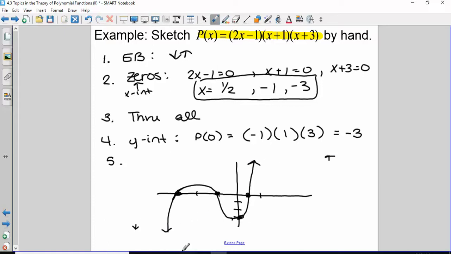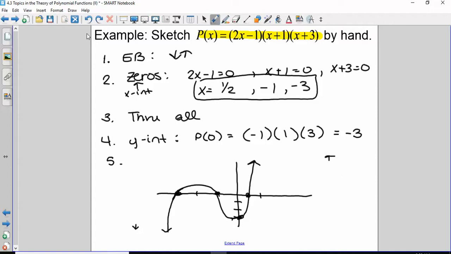Now, is this graph perfect? No. It may be the case that the real graph looks, maybe it's something like this. I don't know. But we have a rough idea. How can you check yourself? Graph it. Plug this into your graphing calculator real quick. See how close they are.